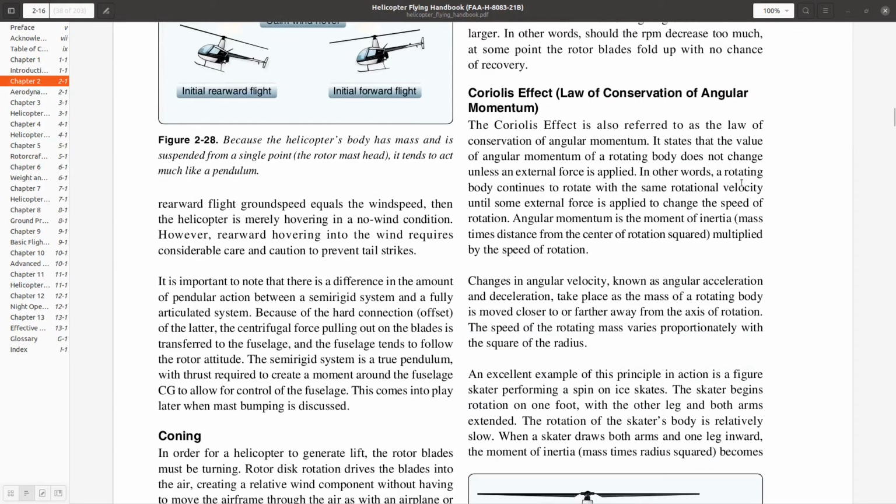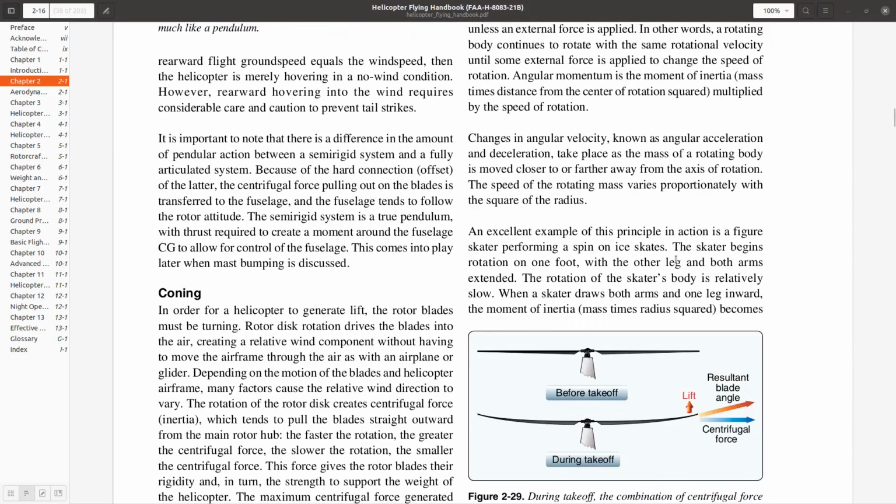Other things that we talk about with helicopters, we have Coriolis effect, also known as the law of conservation of angular momentum. They talk about the typical ice skater. They start spinning slowly, and then they bring their arms in, and they speed up. And why is that?